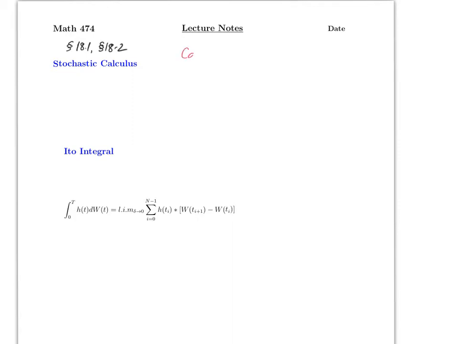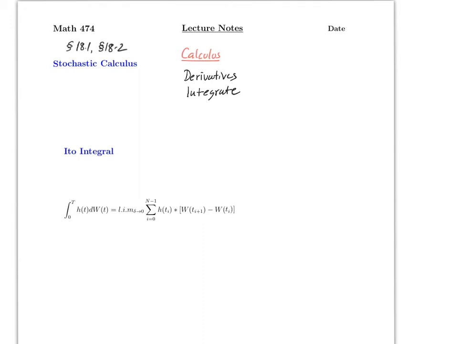So remember the regular calculus that you did in calculus 1, calculus 2, and calculus 3. There's technically two things that you do in calculus only. You either take derivatives or you integrate. That's pretty much what you do in calculus 1, calculus 2, and calculus 3.